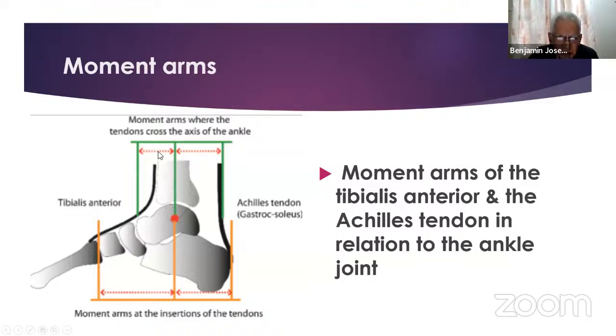And the perpendicular distance is shown above, which gives you an idea what the moment arm is at that point. However, if you go down to the point of insertion of these tendons, you can see that the moment arm is slightly different. And you need to understand the moment arms and be aware what they are like in various tendons around the foot.